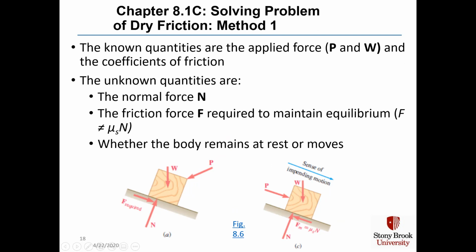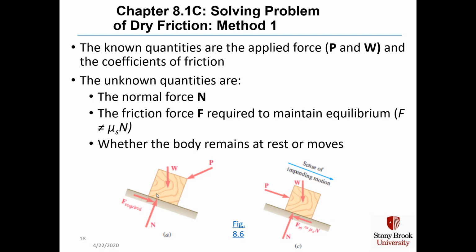There are three methods of solving problems of dry friction. We'll take them one at a time with a couple of examples. In method 1, the known quantities are the applied forces P and W and the coefficients of friction. And the unknown quantities are the normal force N and the friction force F, here's F, required to maintain equilibrium.